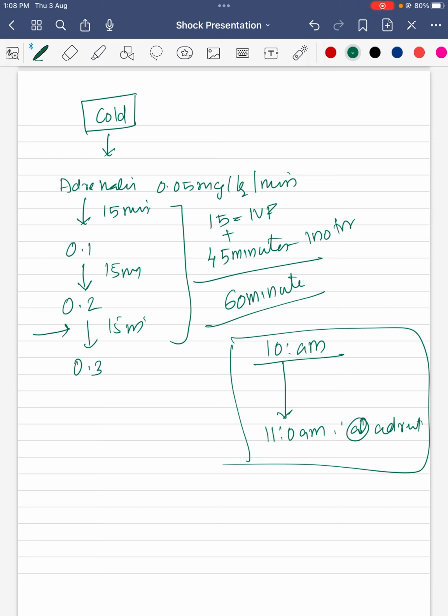So every 15 minutes you should be checking the pulse volume, BP and the peripheral perfusion as well as urine output. Then only you will be increasing the dose. If it is not satisfactory, increase step by step. But the baby will be on highest inotrop. This much clear? So 60 minutes done.